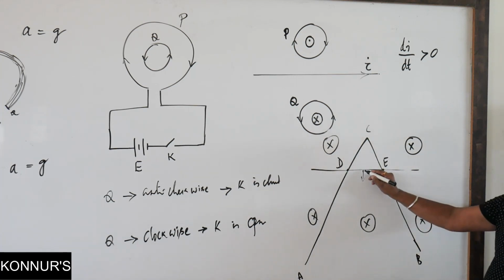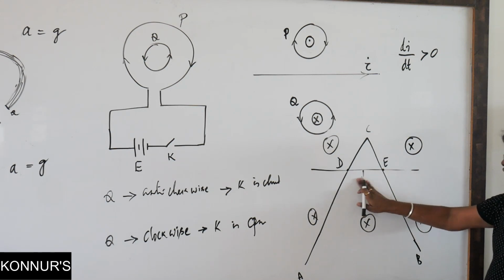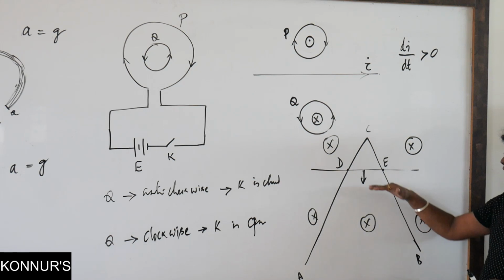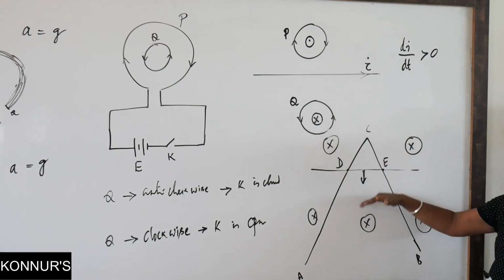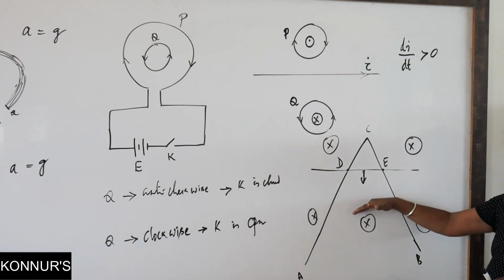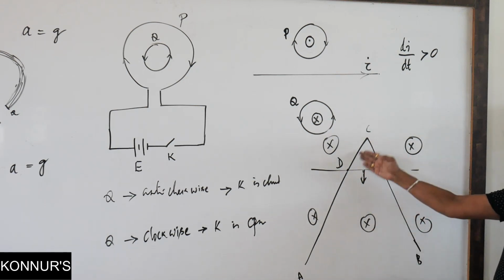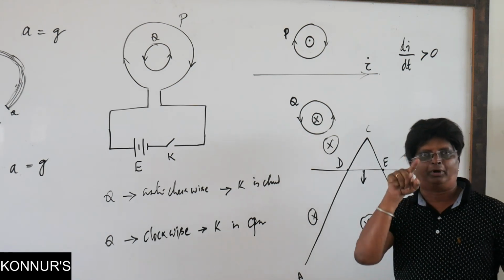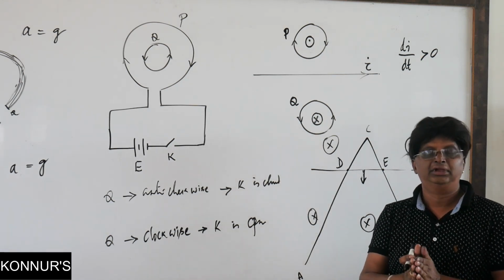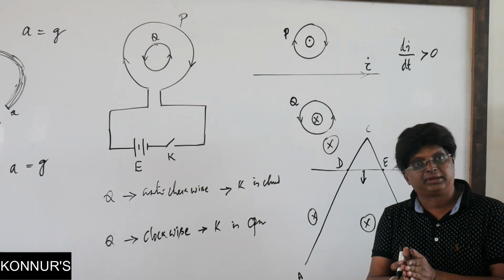As I have told you, this is how it is falling. Now what happens? Area gradually increases. When it starts falling, area increases. When area increases, flux linked with that loop also increases. So again, increase in flux case, therefore induce the current to decrease the flux.